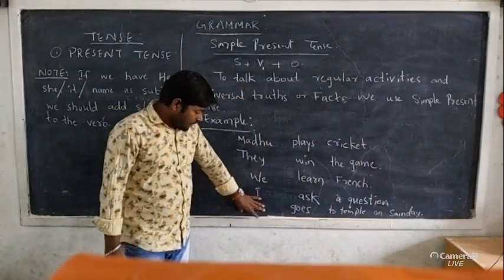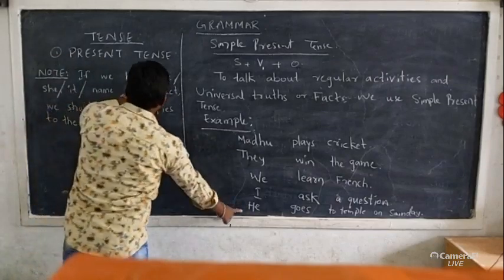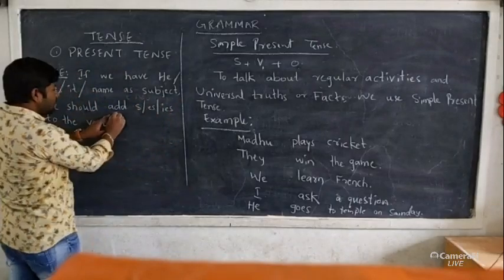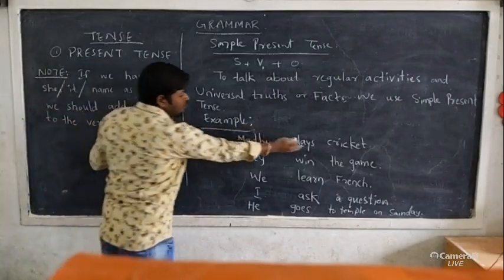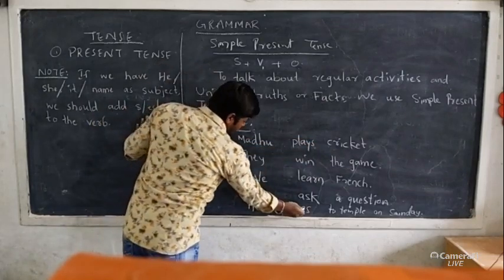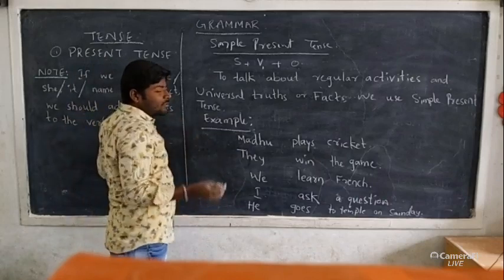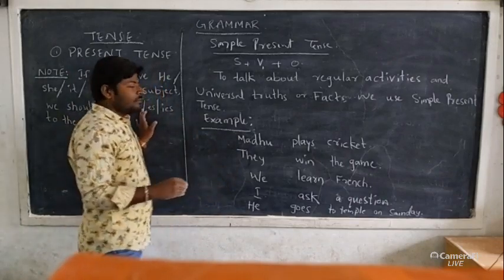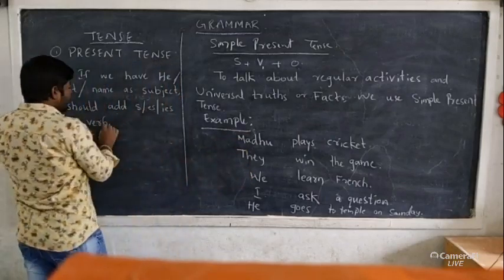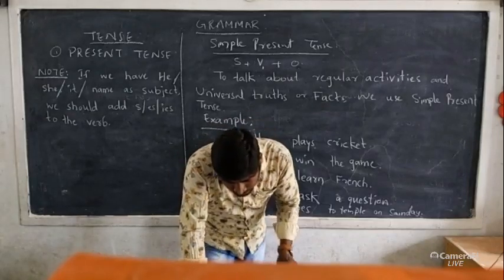So here he is the subject, and when we have he as the subject, we should add s. S is suitable to play. That is why I have written s. For go, es is suitable. That is why I have written es. Sometimes ies, but suppose carry, then we write carries, c-a-r-r-i-e-s. Ies is suitable to the verb. Clear? Then whatever doubt you have.